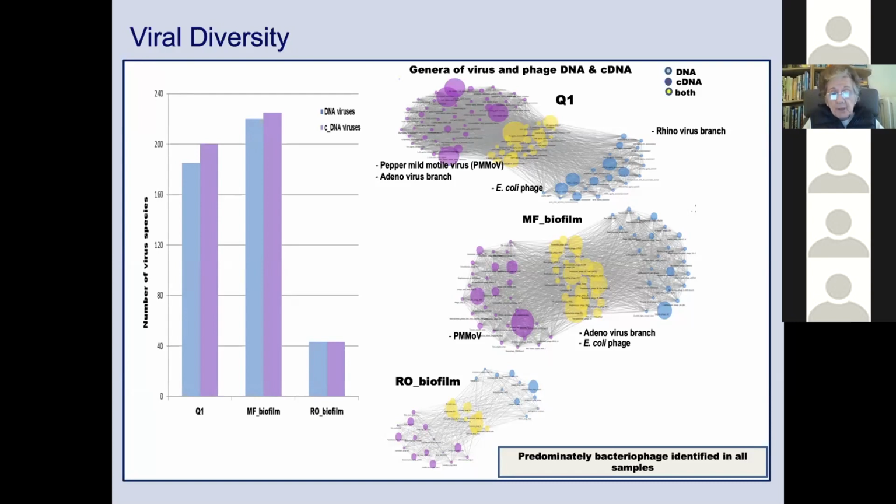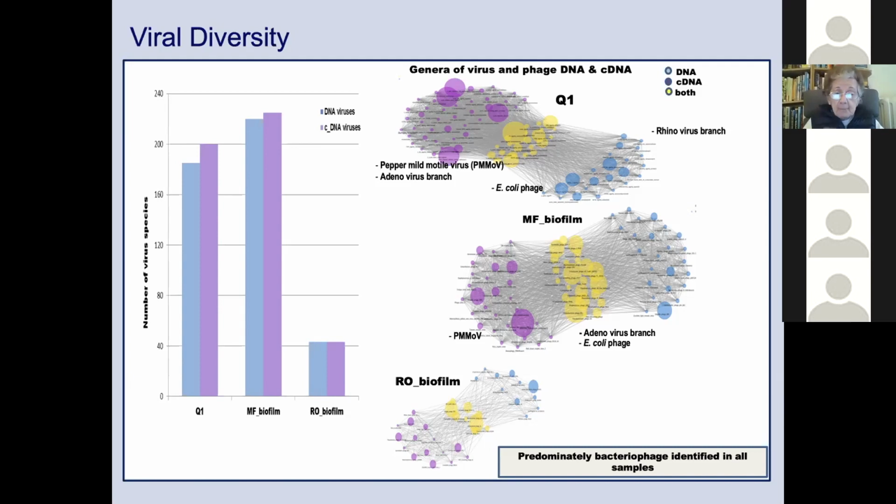And those that are present are predominantly bacteriophages with an occasional pepper mild mottle virus. And we do know that even in tap water, you can pick up occasionally the pepper virus. It's important to know, of course, for agriculture, if you happen to be a farmer growing peppers.